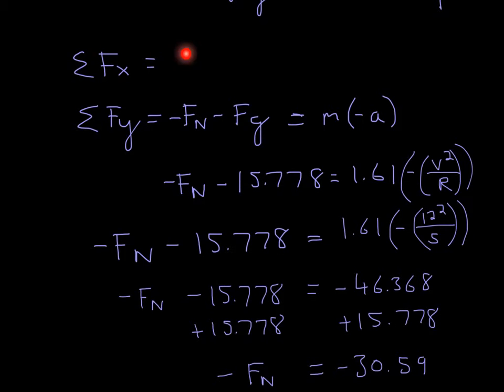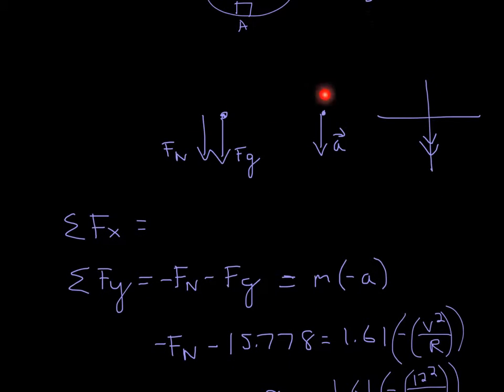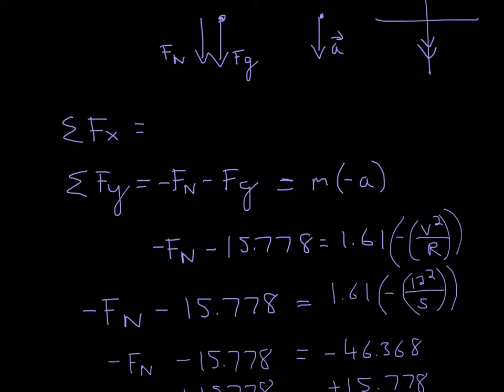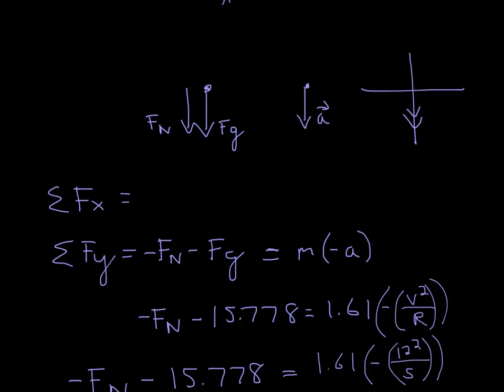You have forces in the x direction and forces in the y direction. For this problem, we don't have any forces in the x direction. There's nothing on the x-axis, so we don't have to worry about it. Now you look at what's positive and what's negative. The normal force is pointing down, so it's on the negative part of the y-axis, so that's negative.